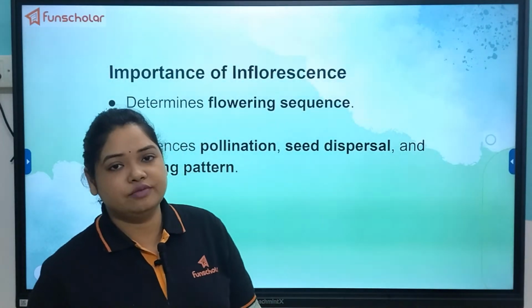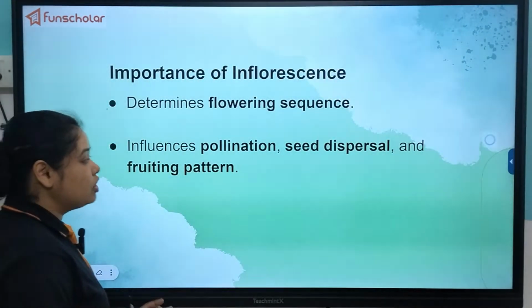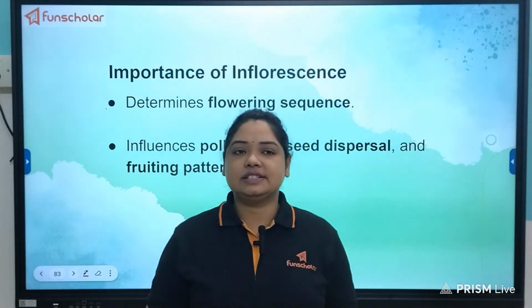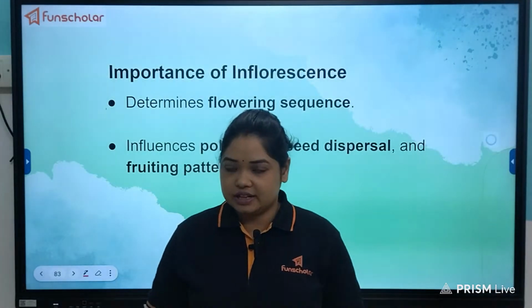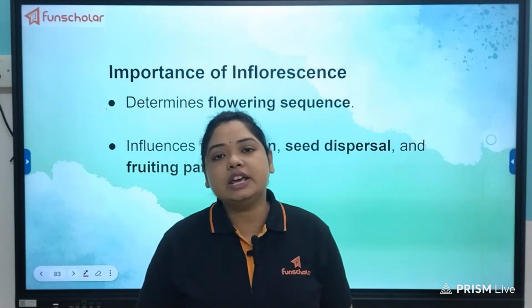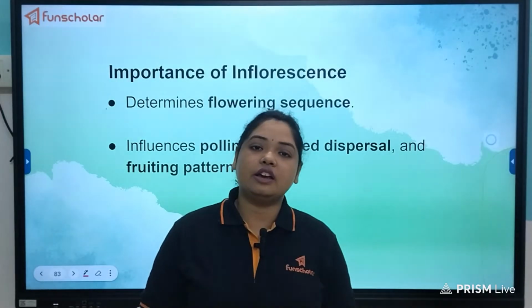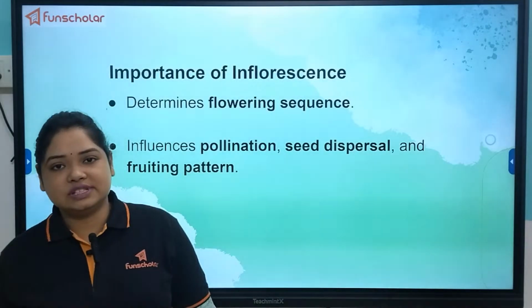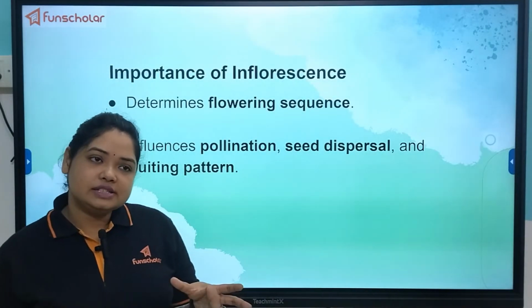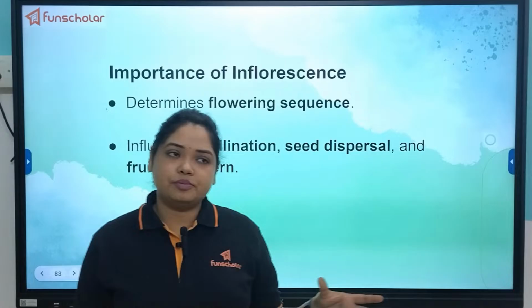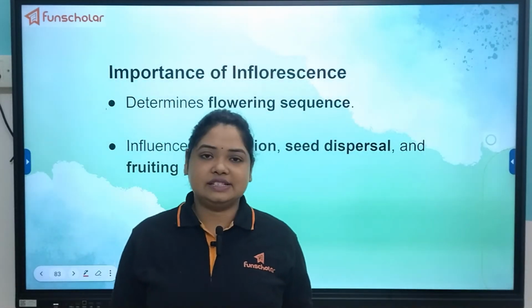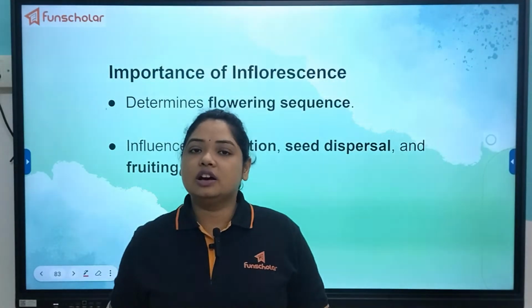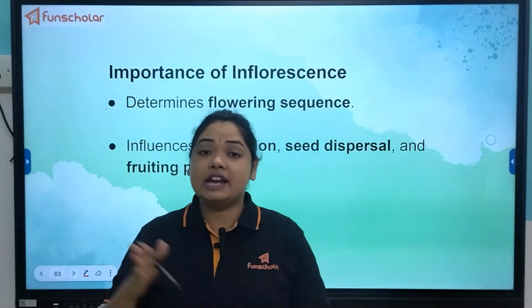Then for pollination, in racemose inflorescence, since the older flowers are present at the bottom, the visibility of the flowers is affected by this inflorescence type. In cymose inflorescence, the main flower which stops the growing axis is present at the top, so it becomes more visible, and the younger flowers become visible later on.